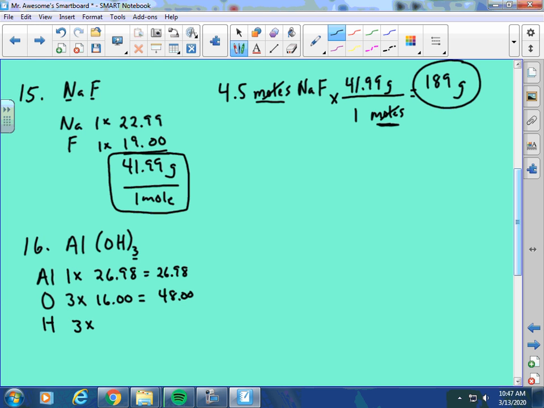And then hydrogen's mass on the periodic table is 1.01. But there's 3 of them, so it's going to be 3.03. So now I'm going to add up all those numbers. 26.98 plus 48 plus 3.03 comes out to be 78.01. Is that what you guys got?